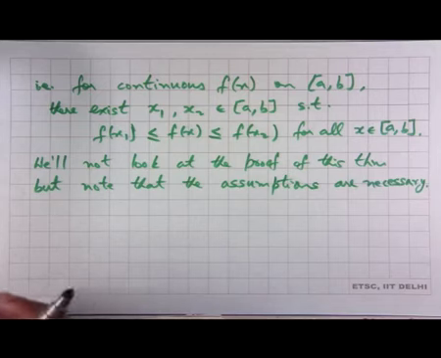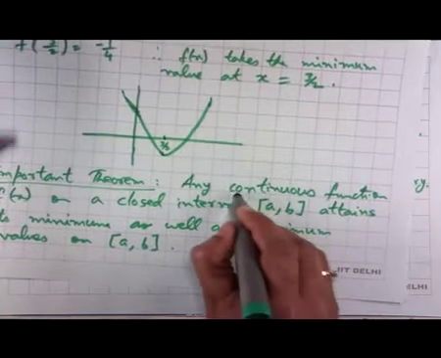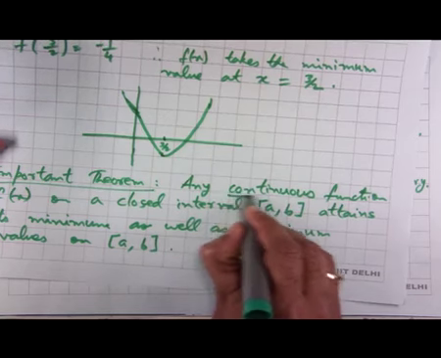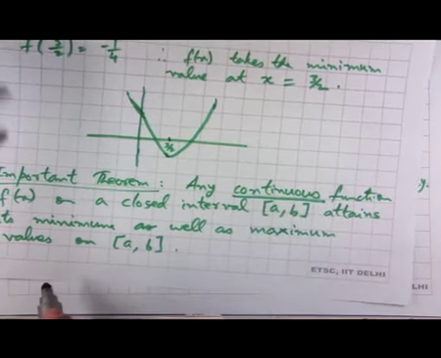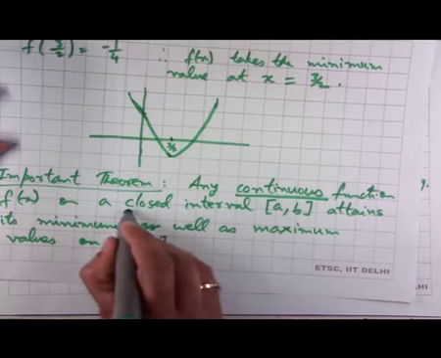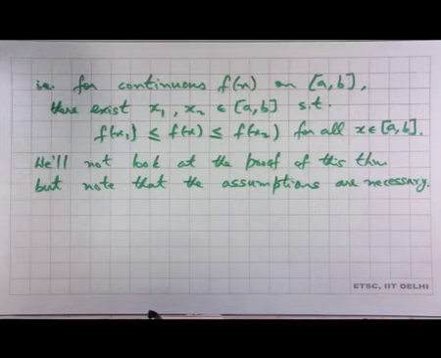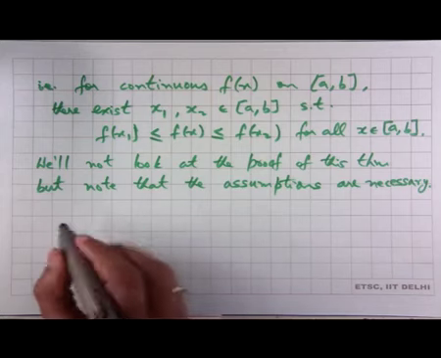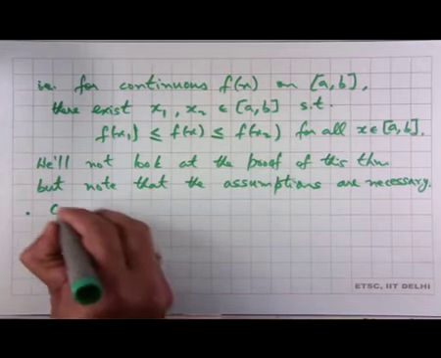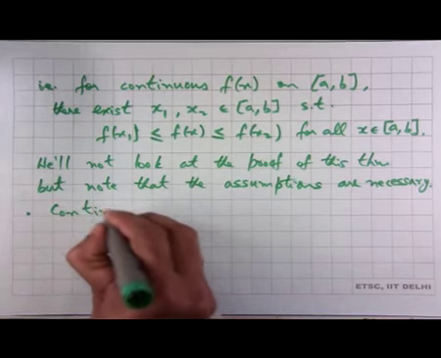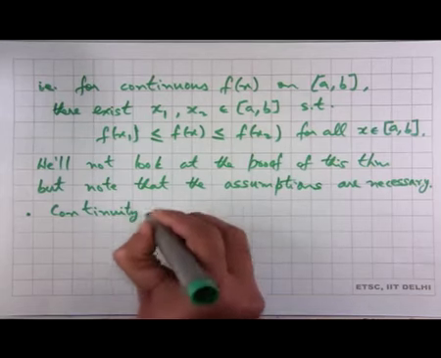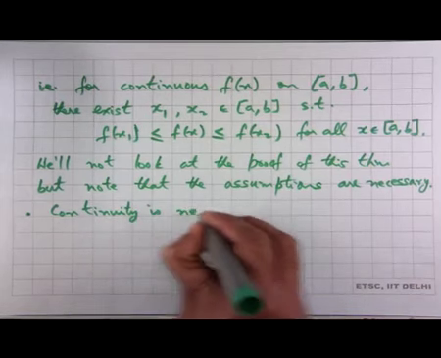So, there are two crucial assumptions in this theorem. One is that this function is continuous and another is that the interval is closed interval. So, first one, it is very easy to see that if the function is not continuous, so continuity is necessary.